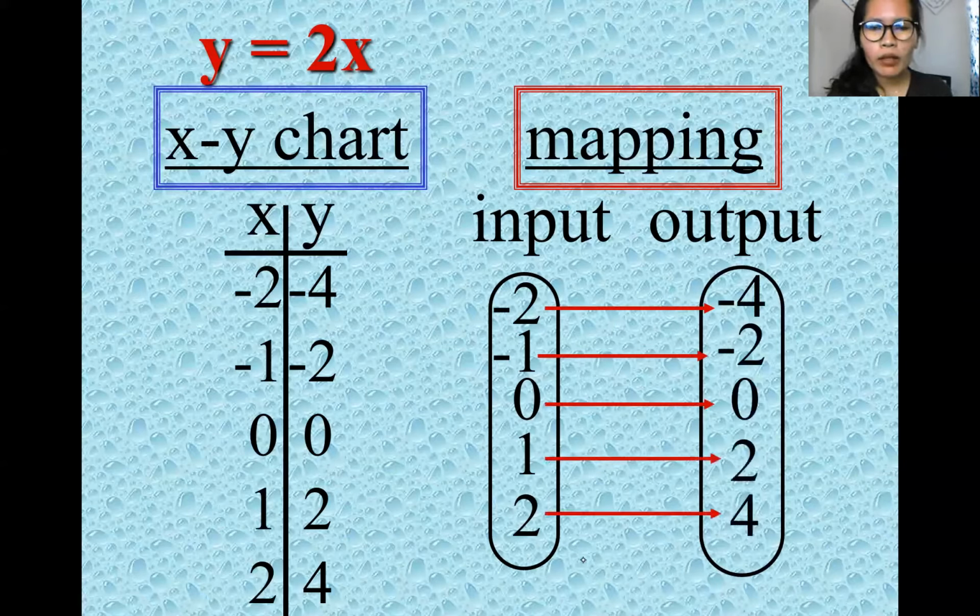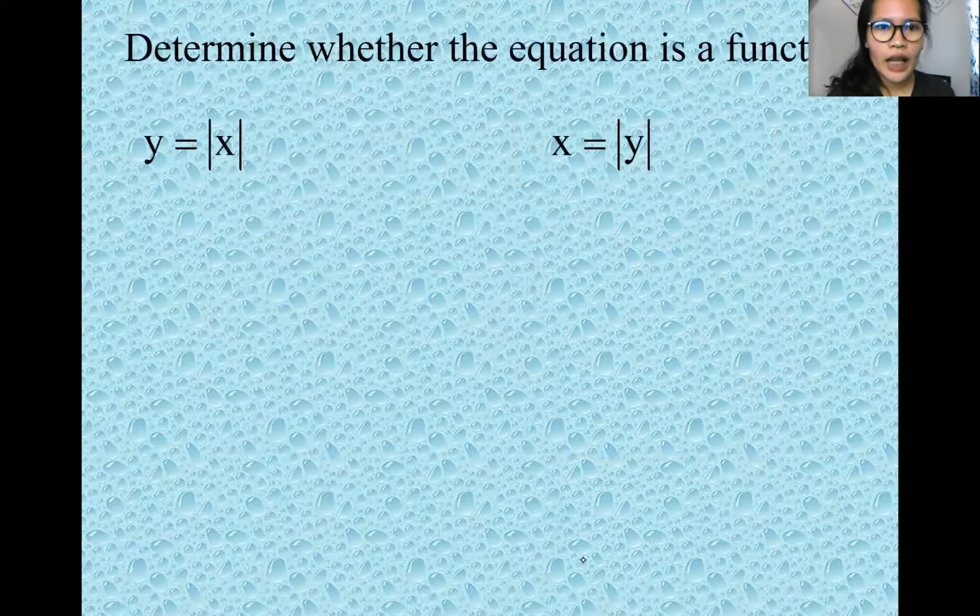So the ordered pairs are (-2, -4), (-1, -2), (0, 0), (1, 2), and (2, 4). So we can say that this is a function, no?